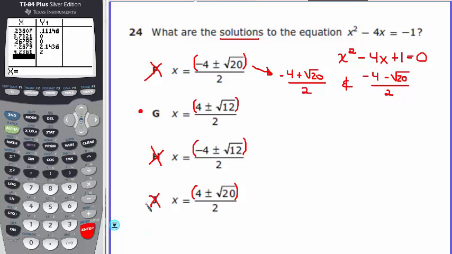So with confidence I know that the answer for this problem is letter G. So the calculator here was able to really help me out in finding the answers very quickly and easy.